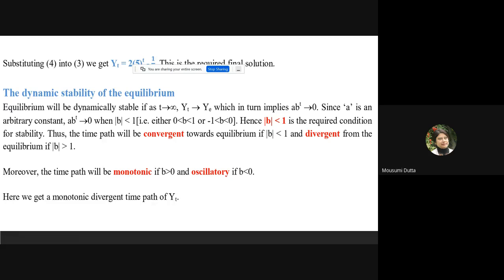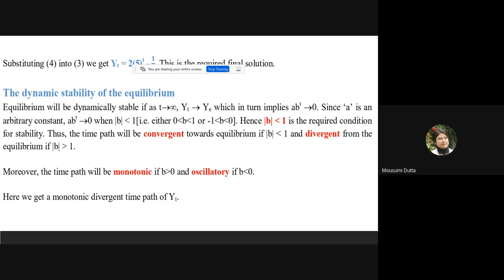Once we get the time path, one objective of this exercise is to find the time path, as I mentioned. Now there is another objective. Once we get the time path, we need to analyze the nature of the time path.